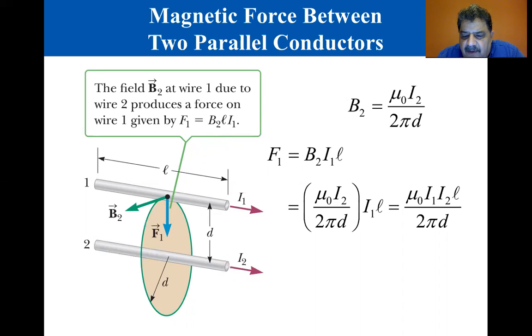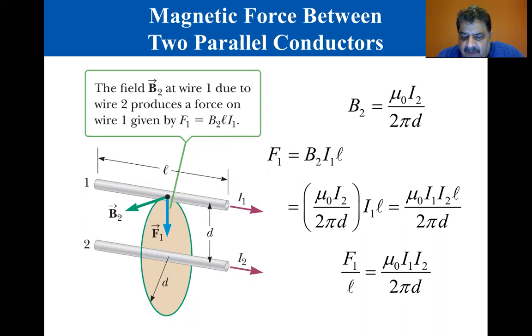We can rewrite this: F1 divided by L equals mu 0 I1 I2 divided by 2 pi d.